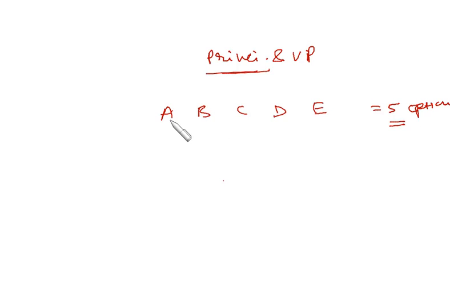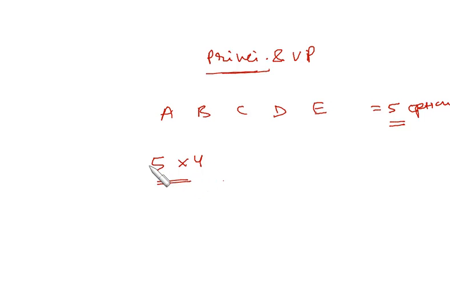For the first post, suppose I am choosing principal, so I have 5 options. Any one of them can be principal, maybe A, B, C, D, or E. Now I have chosen one. Apart from the one chosen, only 4 are remaining. So how many choices do I have for vice principal? I have 4 choices, right?